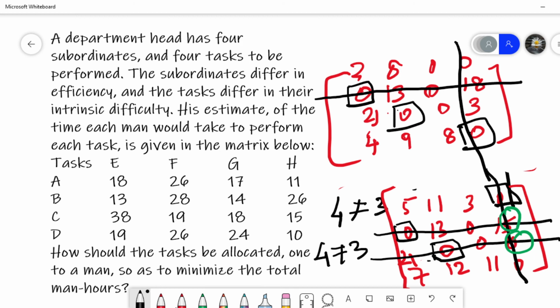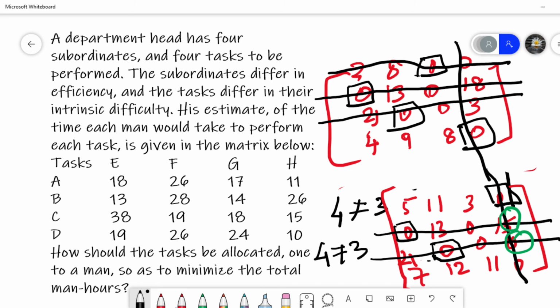Mark the 0 and draw the horizontal line through that 0. So in the third column we are having only 1 zero. Okay. So mark that 0 and draw the horizontal line through that 0.